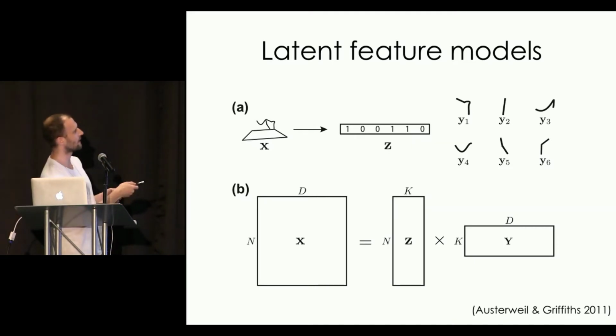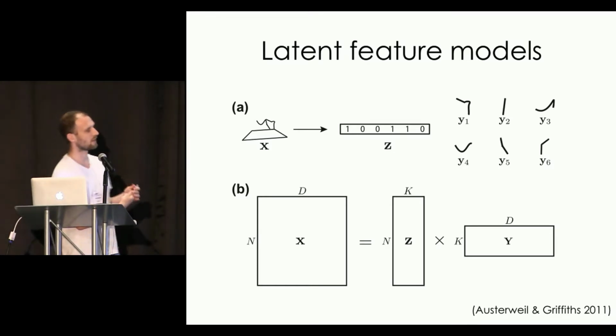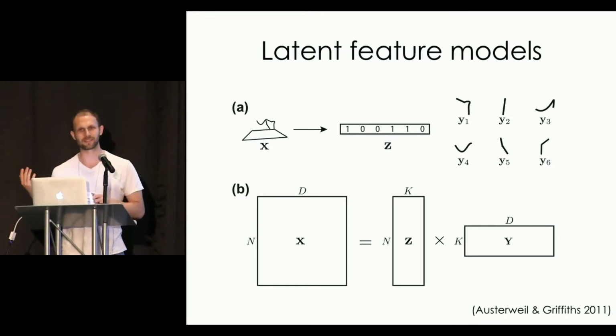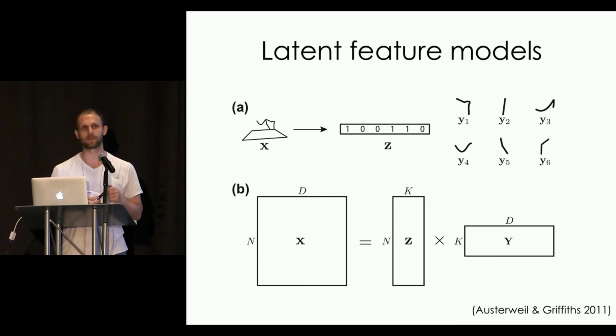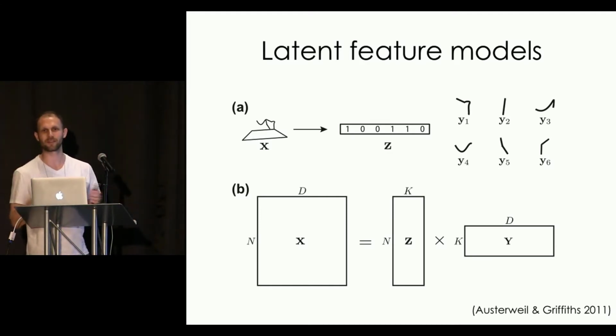Right? So this would say that the first feature is present and the fourth feature is present, but not the second and third features. And so you sum them up and you get this image, right? That's obviously not going to work for complex images because you have things like rotational invariance, and so he developed more complex versions of this idea, but this should give you the basic flavor of the notion here.